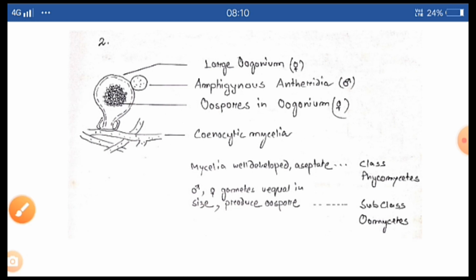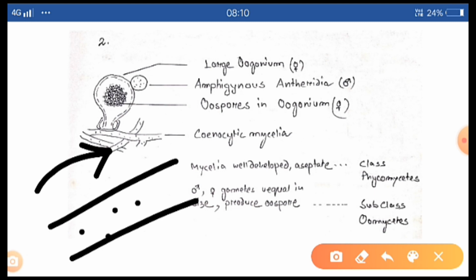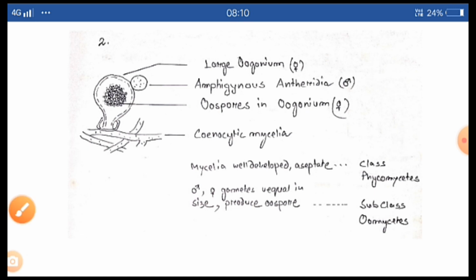So mycelia is non-septate, coenocytic. Coenocytic means many nucleated. Hence it is placed under class Phycomycetes. And the units of reproduction are not equal. One is small and another one is big. So this one is placed under subclass Oomycetes.